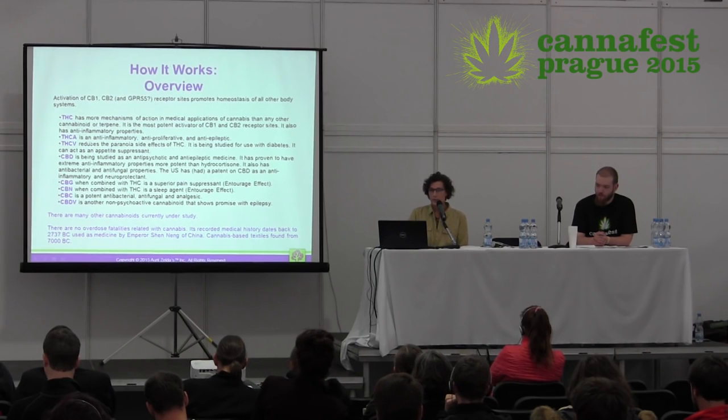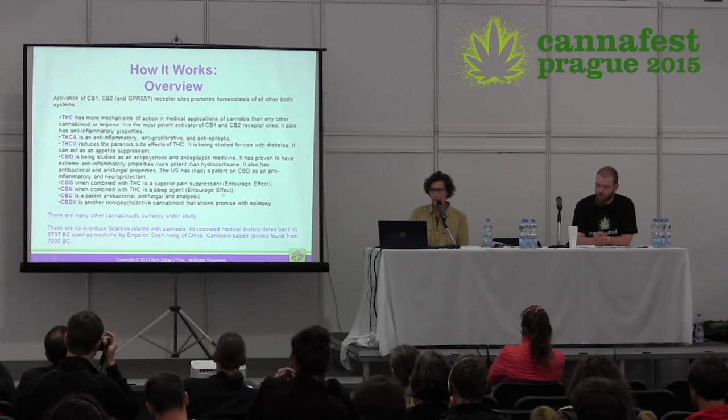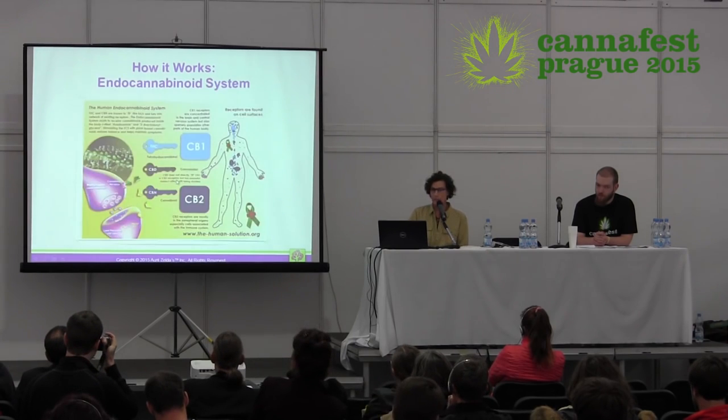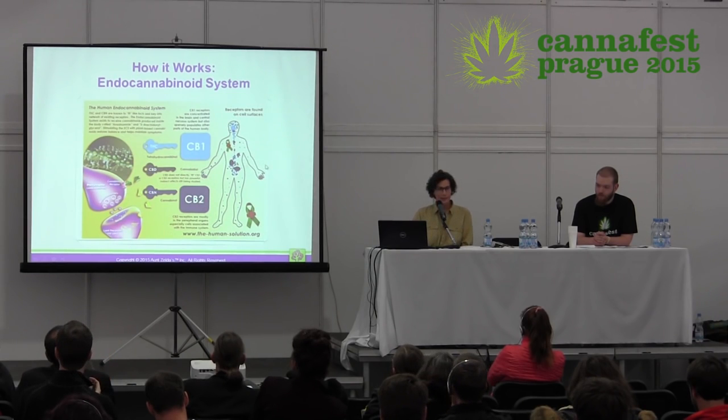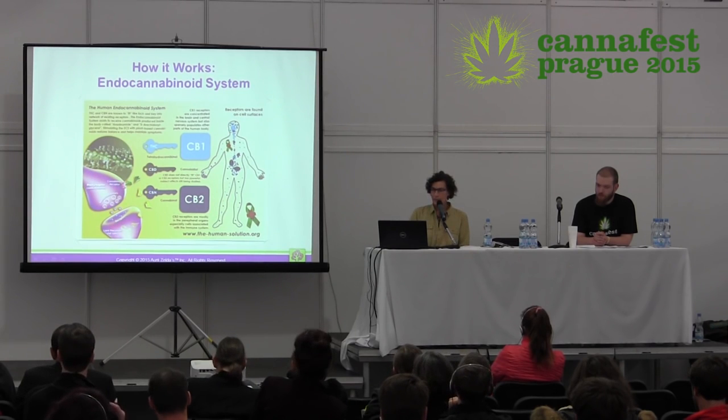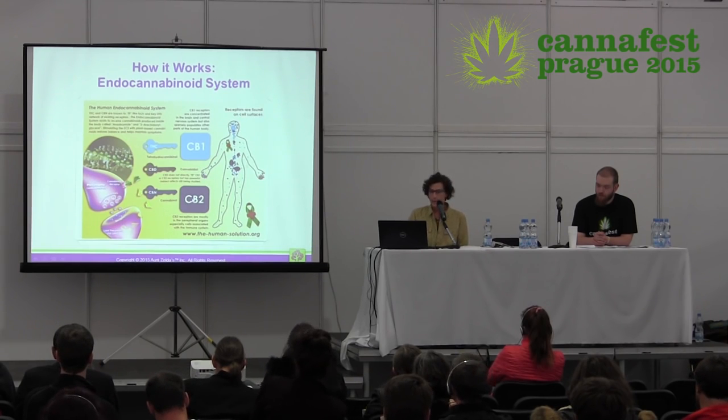Okay. Activation of the CB1 and CB2 receptor sites promotes homeostasis within the body. I'm not going to go through this right now. I've already seen just about this same slide somebody else had up yesterday, showing how the majority of the CB1 receptor sites are within the central nervous system, and the CB2 is more in the immune system and throughout the rest of the body.